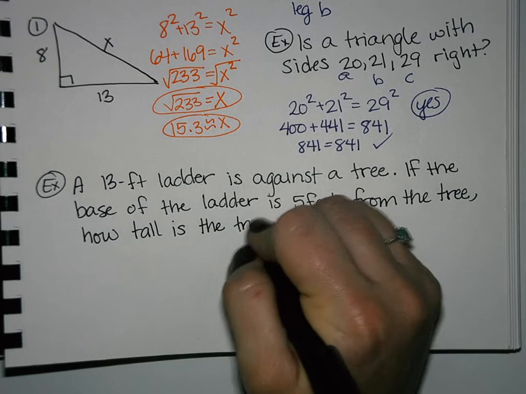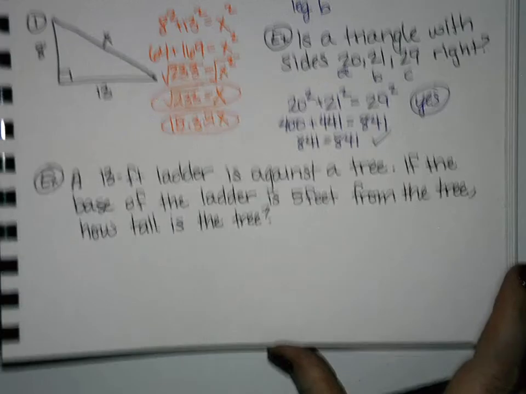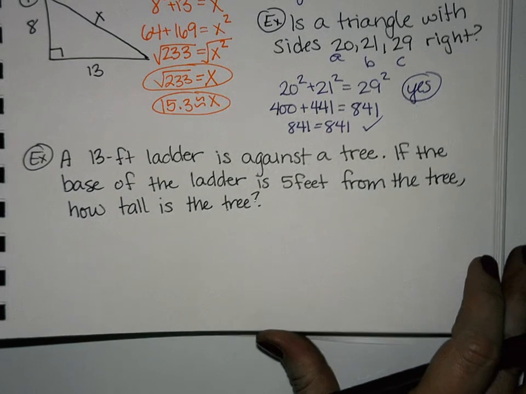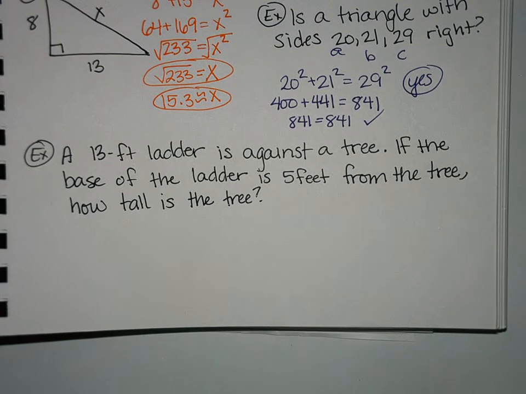You get it? Yeah, I think. Because 13 would be C, right? And you have to go back through and solve for B, which would be like the height of the tree.